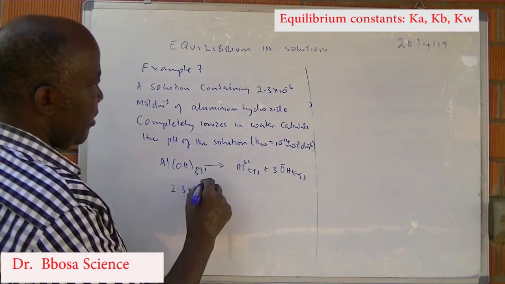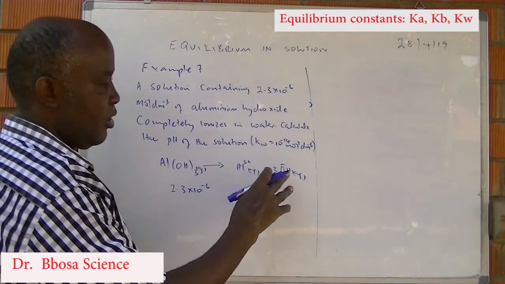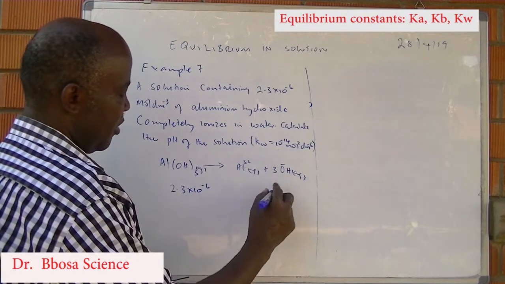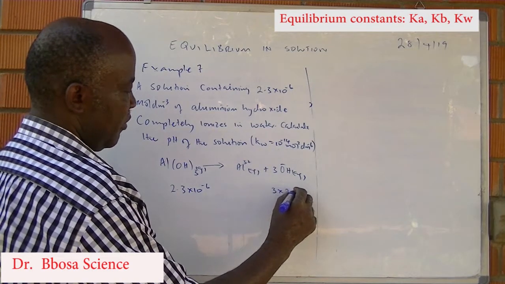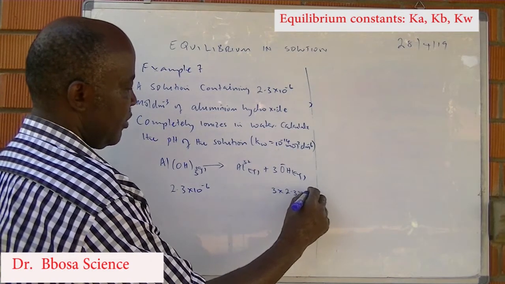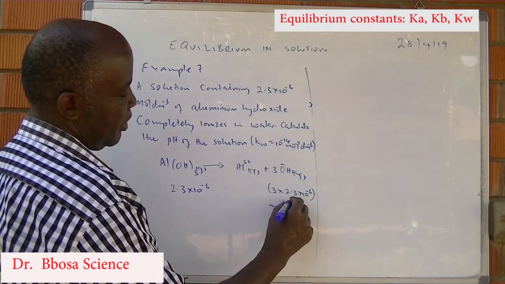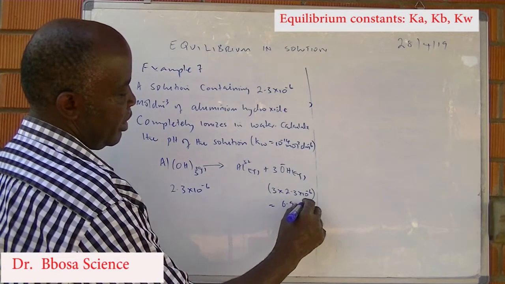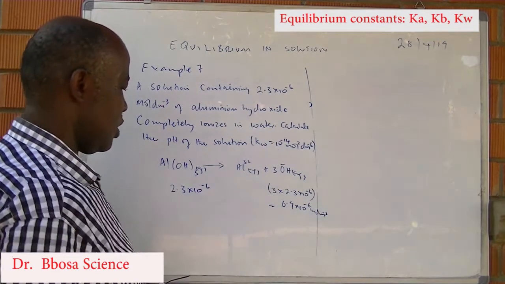But one mole will give you 3 moles of hydroxide ions, so the concentration of hydroxide ions will be 3 times 2.3 times 10 to the power negative 6, which is equal to 6.9 times 10 to the power negative 6 moles per decimeter cubed.